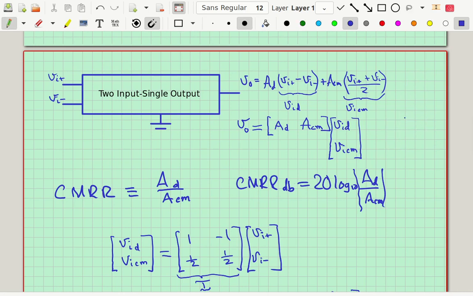And that's a handy way to do things because it generalizes nicely to more complicated systems where we would have more inputs or more outputs. We're not really concerned about ones that have more than two outputs or more than two inputs, though. So the thing that was important to us was the differential gain, which is this number right here, and the common mode gain. That's this number right there.